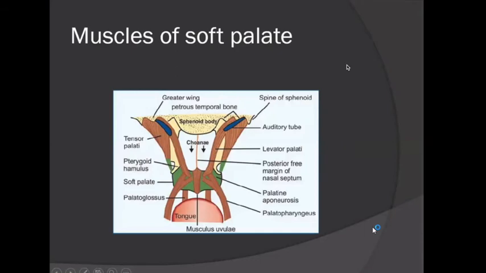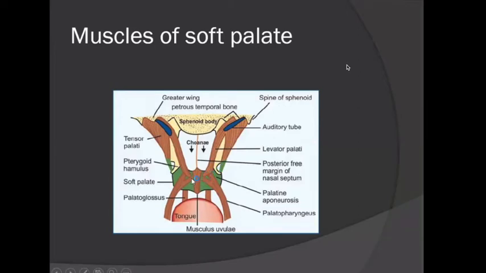Now, see this. I hope you can understand this diagram. This green thing here is the palatal aponeurosis I just mentioned. This is the nasal cavity down there. Now in front of this is the hard palate.